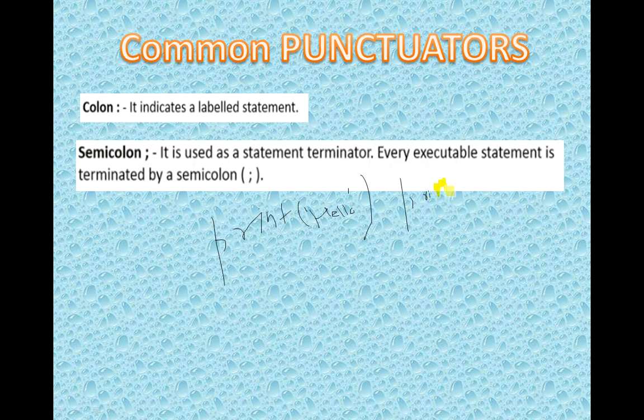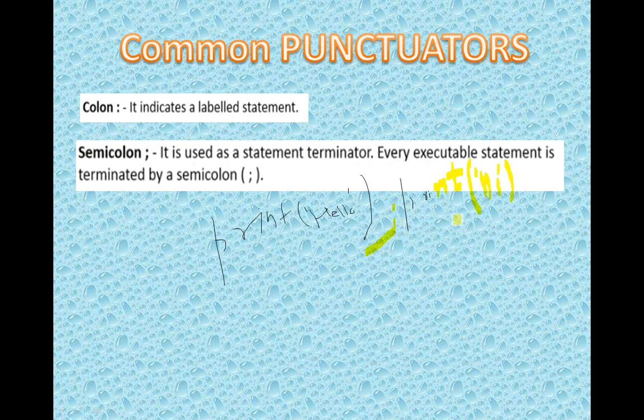This will print hello. If again I write print on the same line, this will show an error because you can't type both the two statements in one line. But if you want to type these two in one line, you have to put a semicolon here. In this case, it will not show you any error.